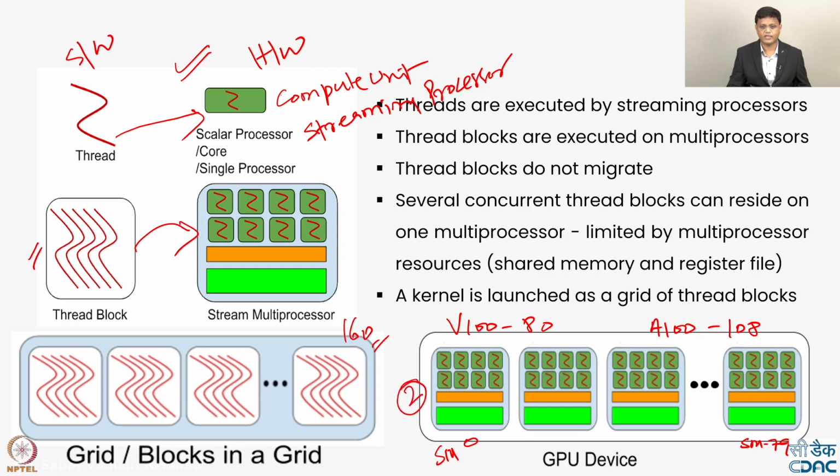So, that is the reason we can say that several concurrent blocks can reside on a multiprocessor, and it is limited by multiprocessor resources, based on their shared memory size and the supported register files. Register files may be huge, but it must also be supported by the algorithm, whether the algorithm can fit its data in a register file during execution or not. That is also an important criterion.